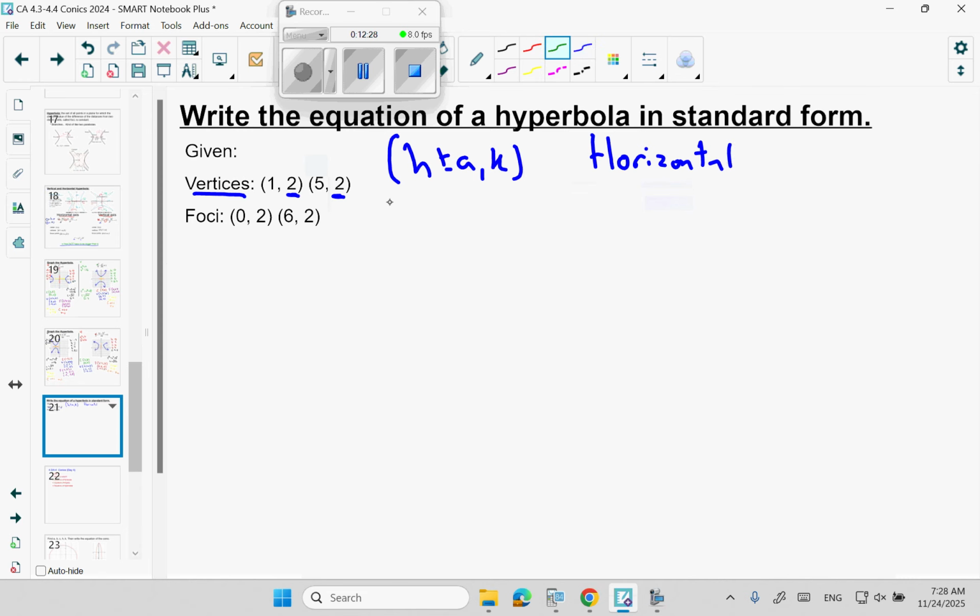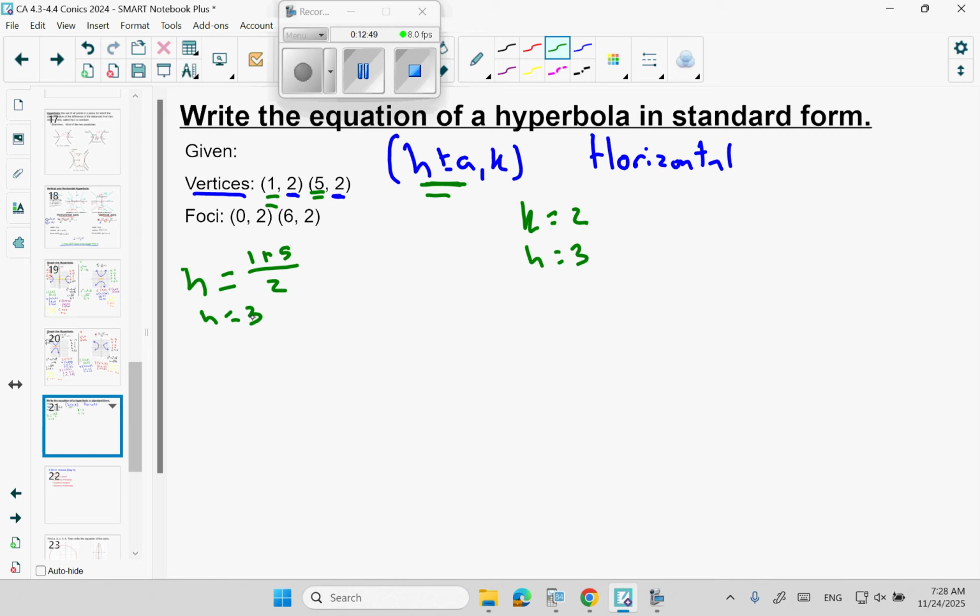I would recognize, therefore, k has to equal 2 because that's consistent, and that h plus and minus a gives me 5 and 1. Well, again, just like yesterday, h has to be the average of those. So h is going to give me 3.